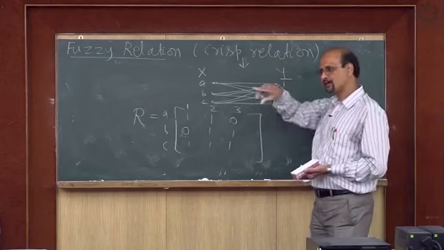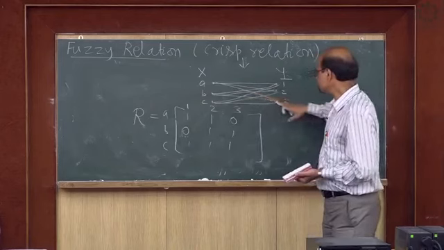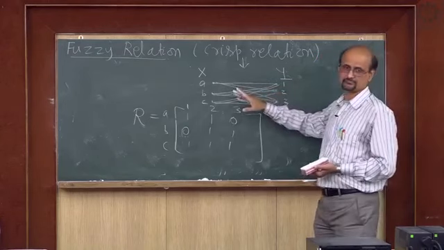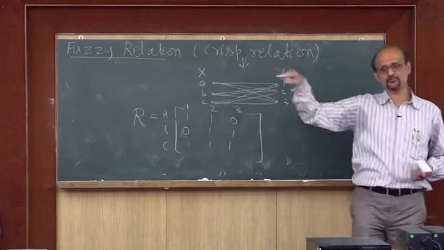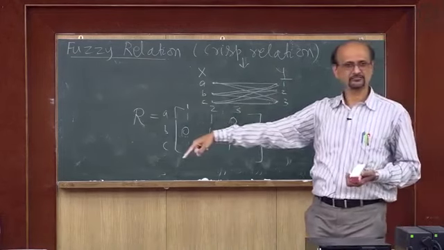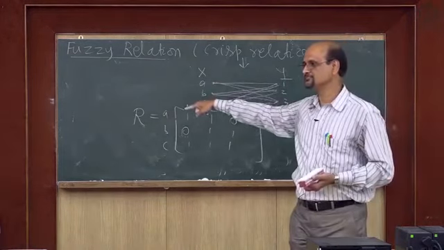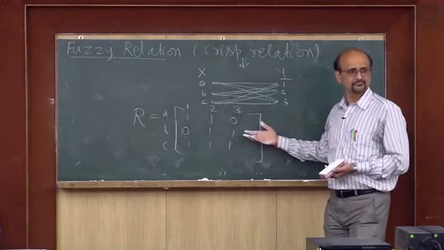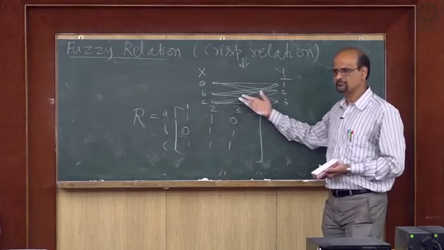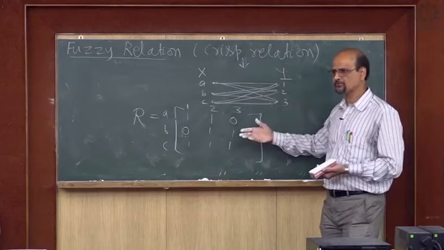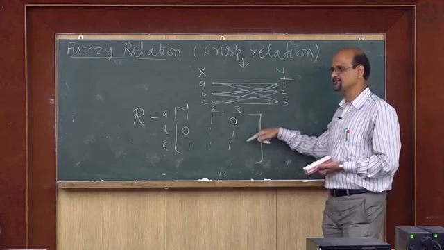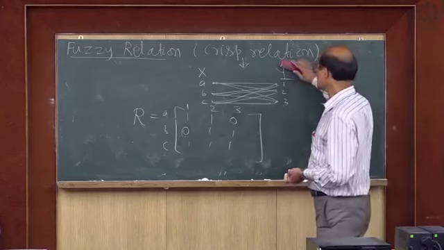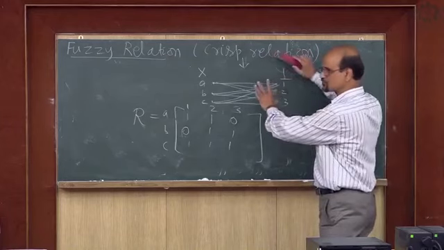So, this way I can handle the strength of the relation, how much strength is there, and that strength is actually your membership degree or membership function for your fuzzy relation. Here strength is either 1 or 0. I cannot have 0.5, cannot have 0.1. But in fuzzy I can handle that.